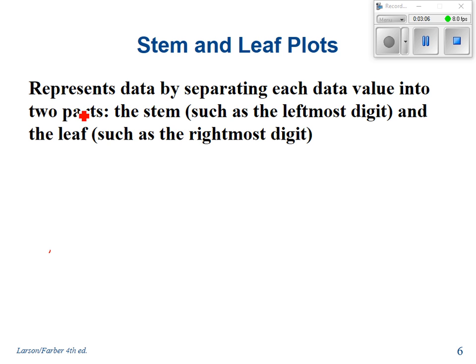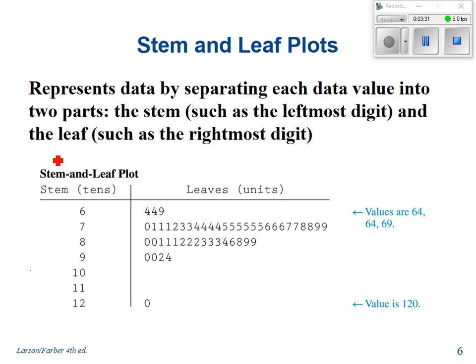All right, a stem and leaf plot. A stem and leaf plot represents data by separating each data value into two parts. This you might want to write down. This is the definition of a stem and leaf plot: the stem, such as the leftmost digit, and the leaf, such as the rightmost digit.